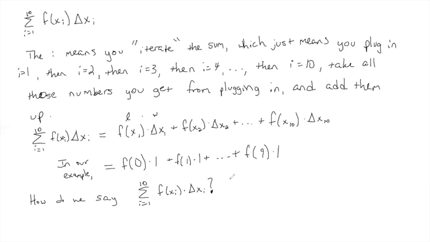So how do we say it? We say this exactly translates to the sum from 1 to 10 of f of xi times delta xi.